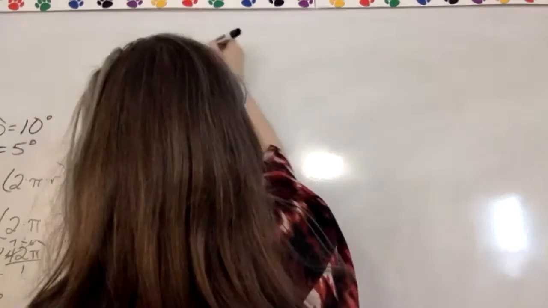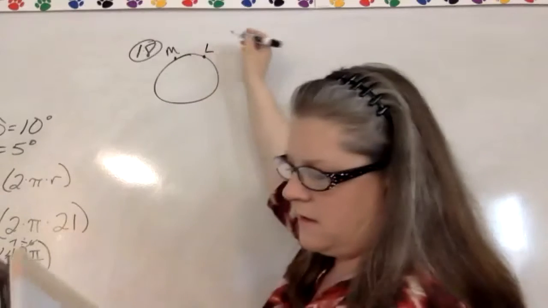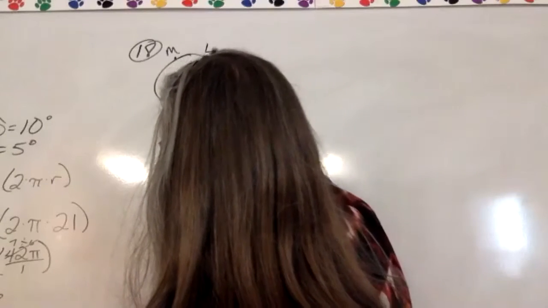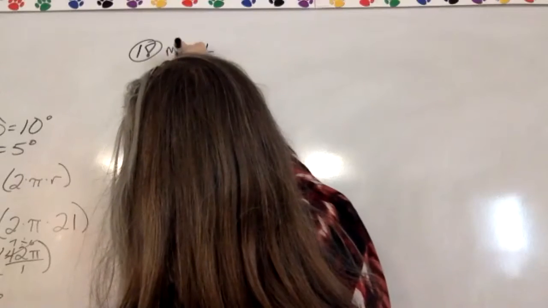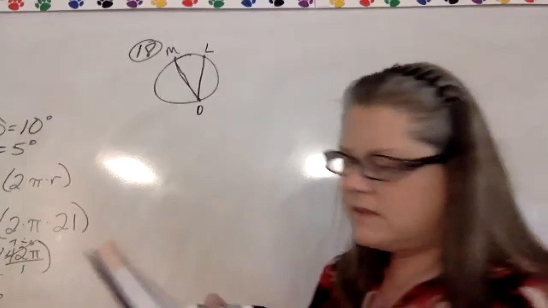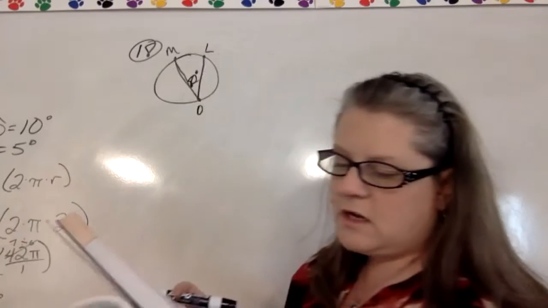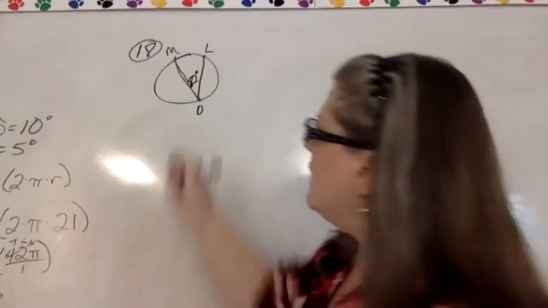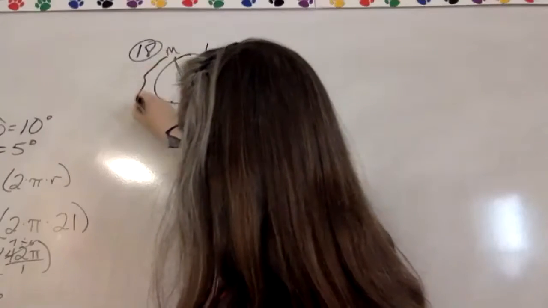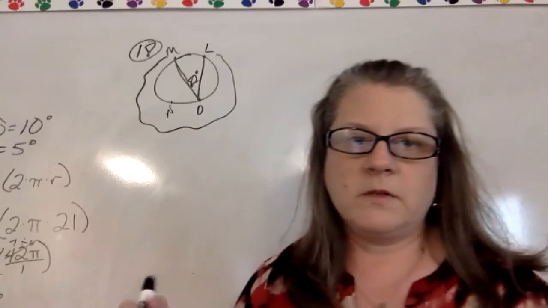So you have M here, you have L here, and you have O down here. I'm just drawing the part that we're talking about. Okay, it said angle LOM was 82 degrees. It wants to know the measure of arc MNL, where N is down here. That's the arc going all the way around the circle, almost.